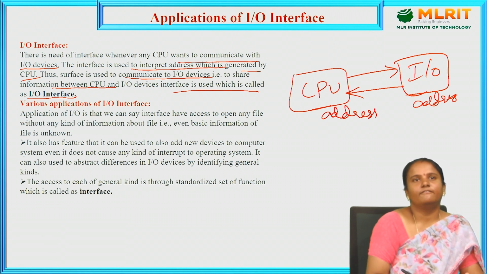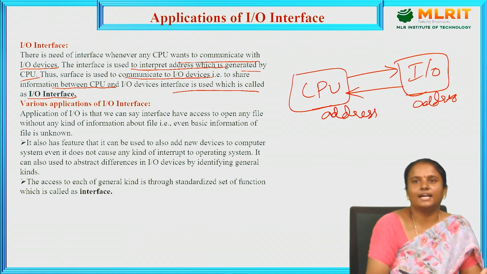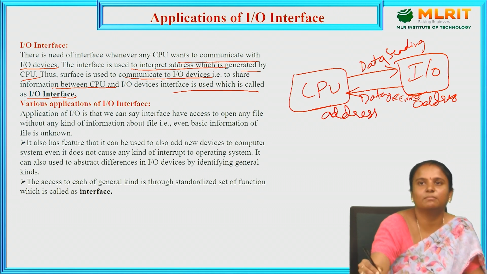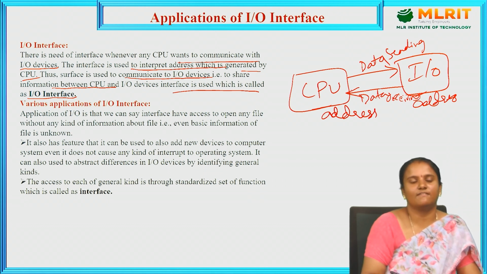These addresses are generated by the CPU, and it can easily communicate with the input-output devices and share information between them. Data is sent and data is received. This is how interfacing occurs between the CPU and input-output devices.